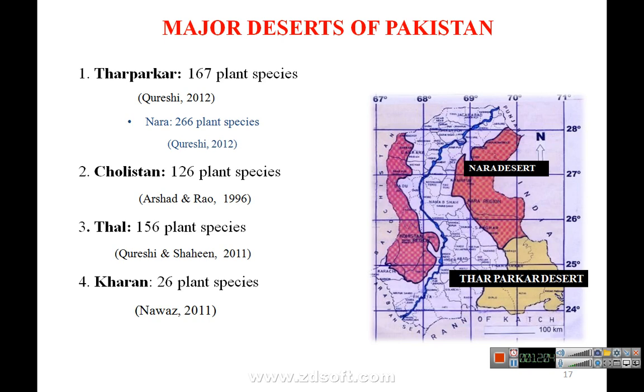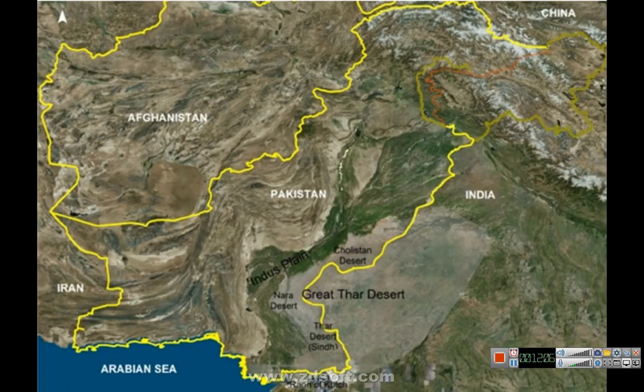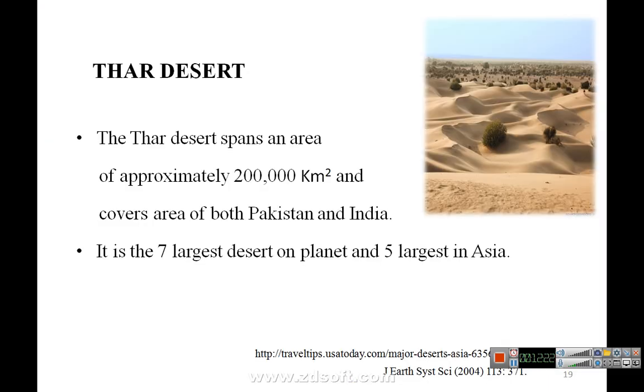They are their own indigenous plant species. So this map is very beautiful. You will see Pakistan, India and Afghanistan. Cholistan, Nara Desert, Thar Desert, these are the deserts you can see here. First of all, we will talk about the Thar Desert.